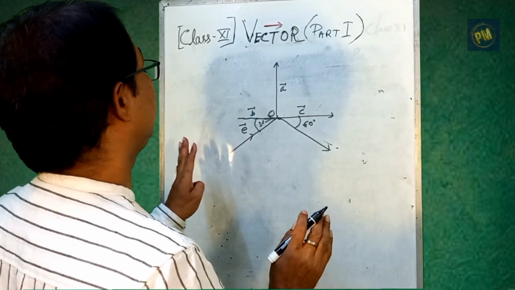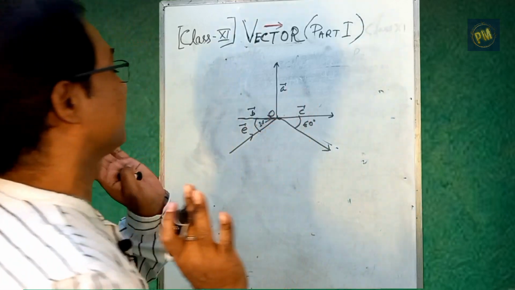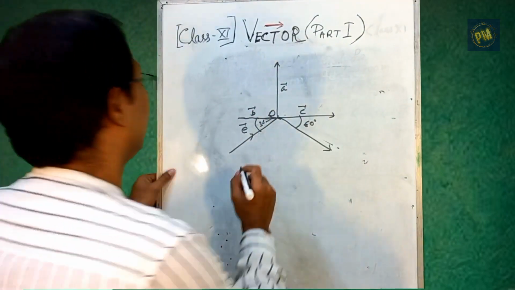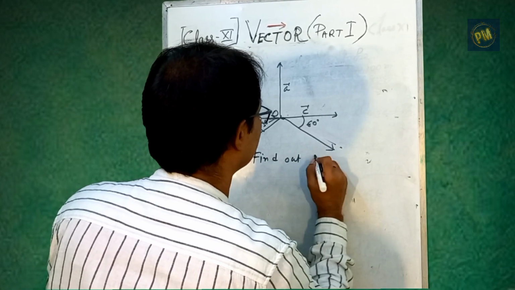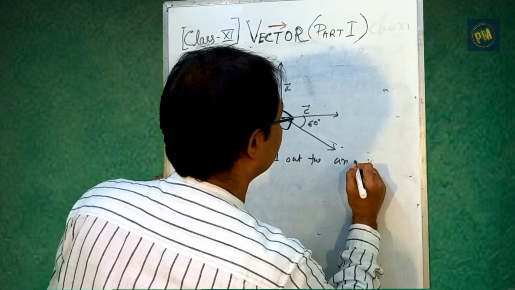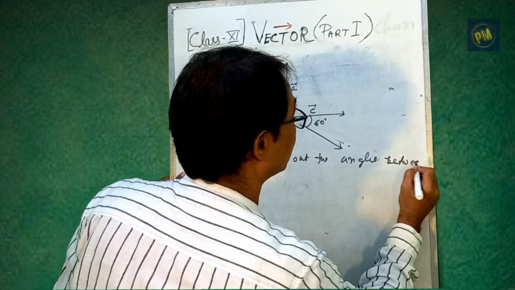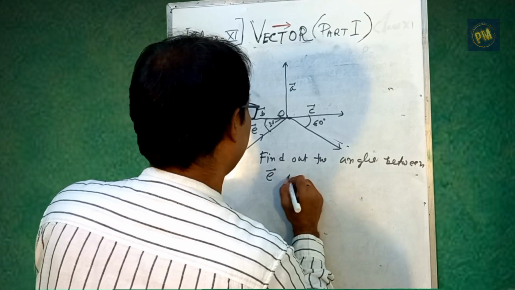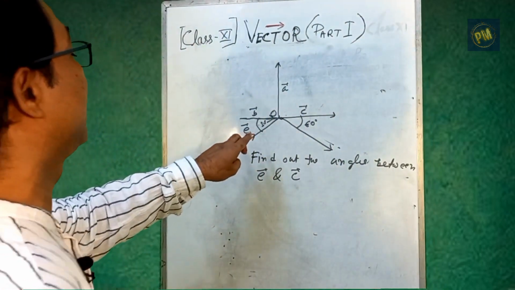So we have to find the angle between E and C here. Find out the angle between E and C. How can you find out the angle between E and C?